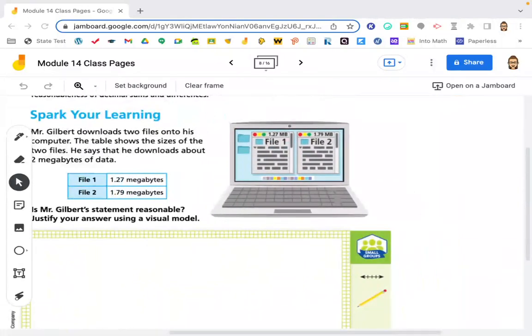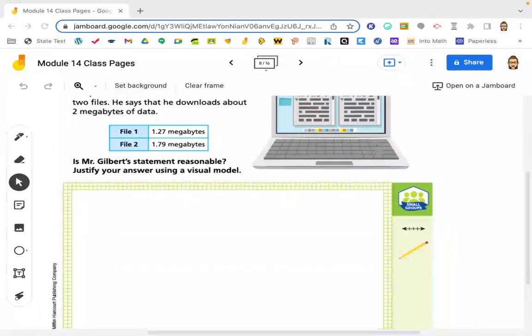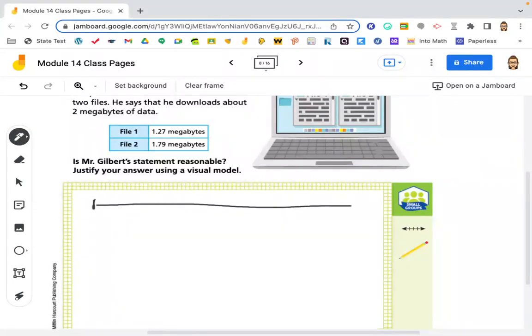Well, if I make a number line, we're going to start with 0, and we're going to go to 3.